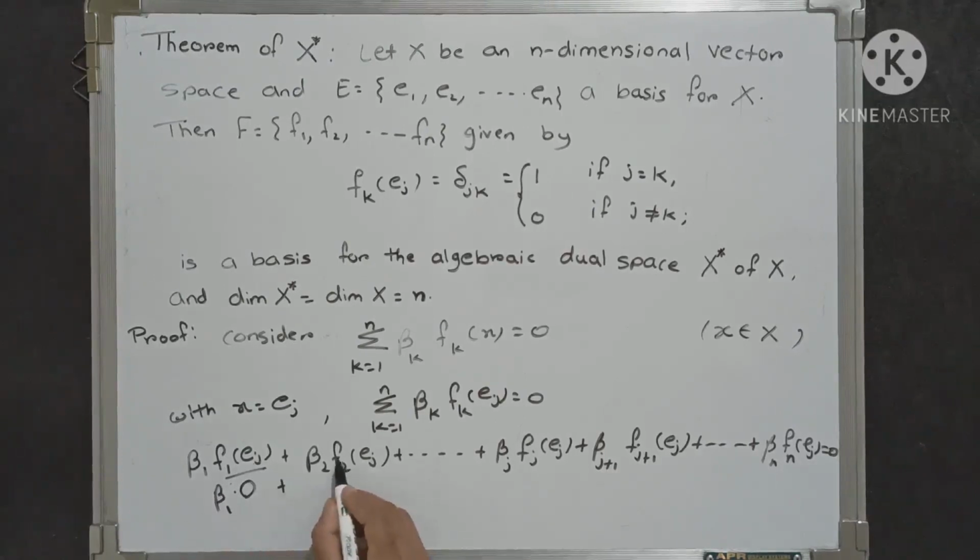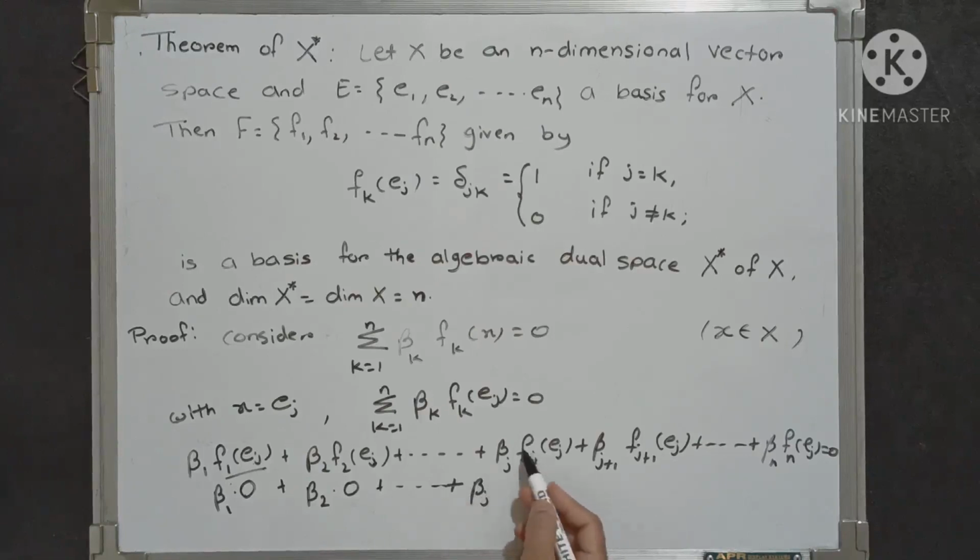Again F2 of Ej means delta 2j, and it equals 0 because j not equals 2, and therefore we have beta 2 into 0, and so on. Now for beta j and Fj of Ej, j equals k, and therefore we have delta jj, and delta jj always equals 1, and therefore beta j into 1.